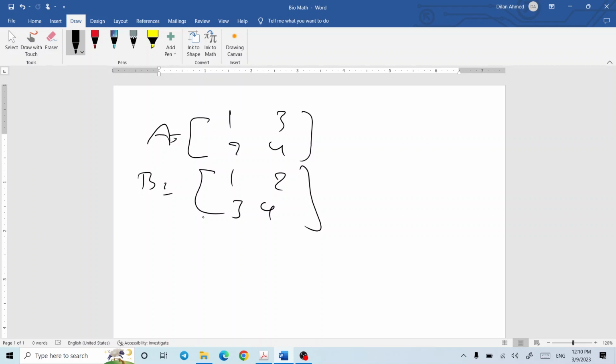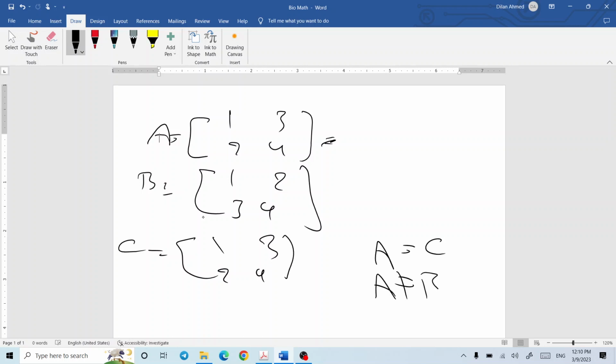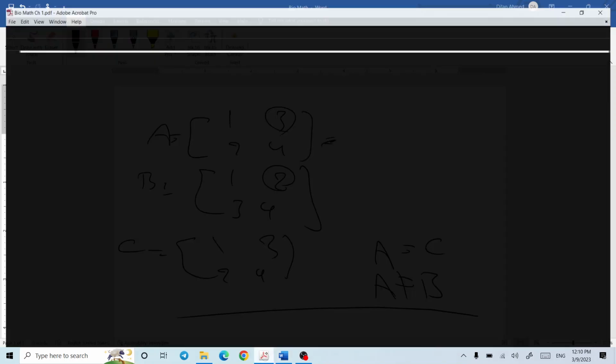Not. Why? Because each location also should be equal. So if I have C equal to 1, 3, 2, 4, I say A equal to C, but A is not equal to B. Why? Because you can see this location is 2, that location is 3, so we cannot say they are equal. When I say equal, the location and the numbers should be the same. Understood here? So that's the definition of equal matrix.